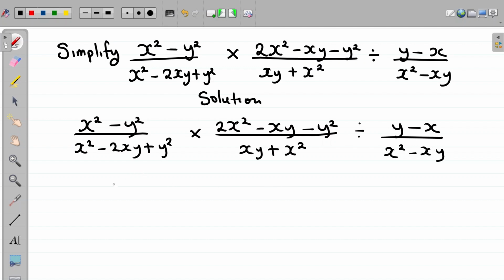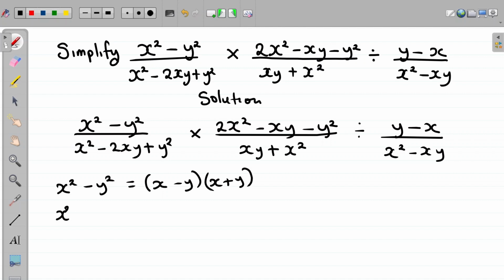Now, at this point, x squared minus y squared can be expressed as a difference of two squares. So we have that x squared minus y squared is equal to x minus y, x plus y.